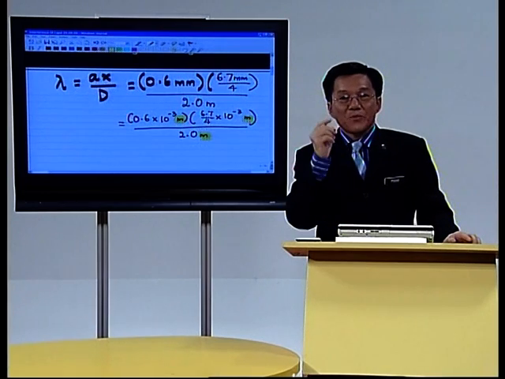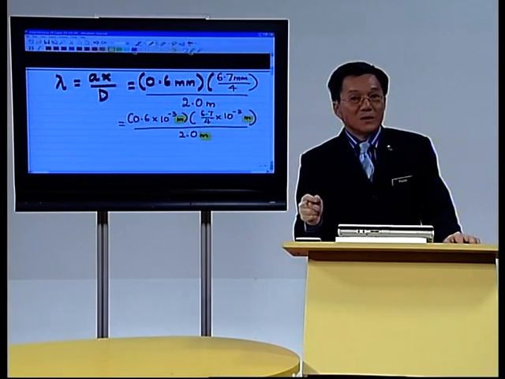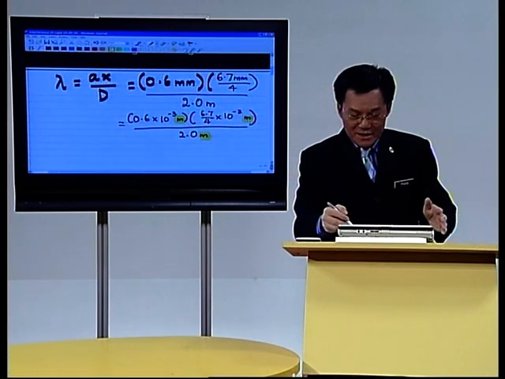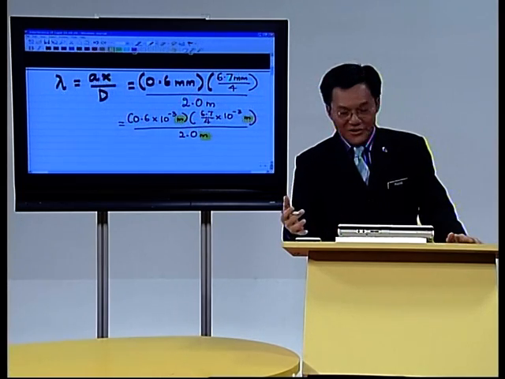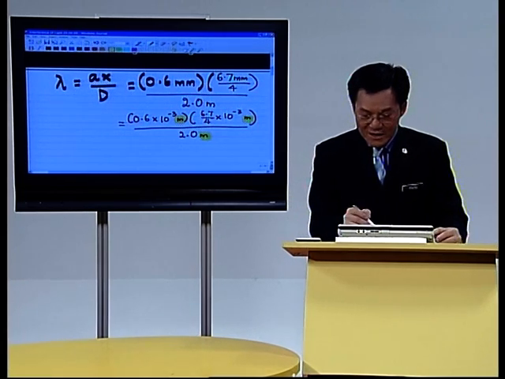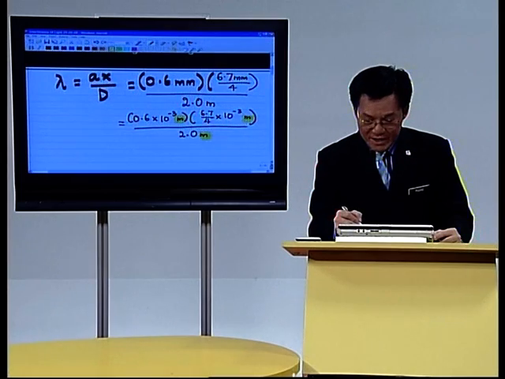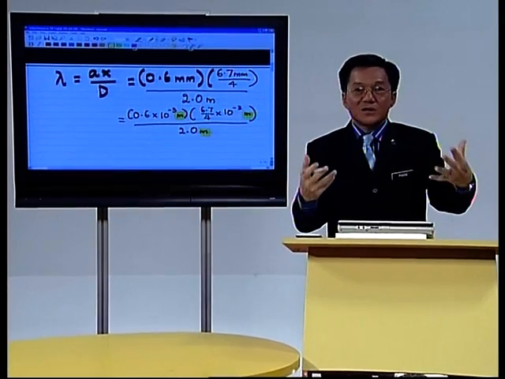Now, this is one of the most important things that you must pay attention to. Many a student knows the concept, but the mathematics, they got it wrong. They mix up the units and their answer is wrong. So just remember, when you have the correct units, meters up there, and in the denominator you also have meters, then you would get a good calculation.